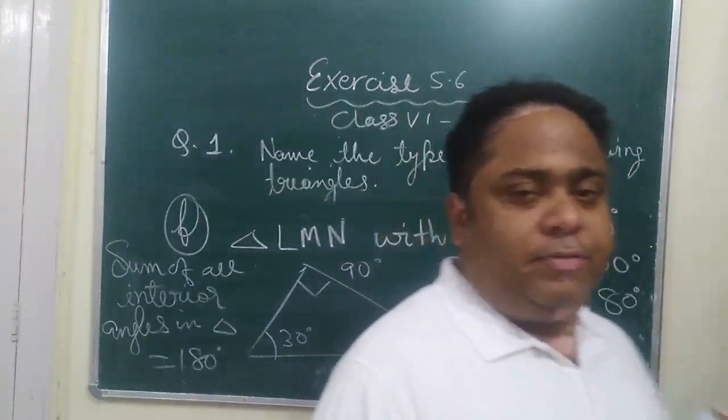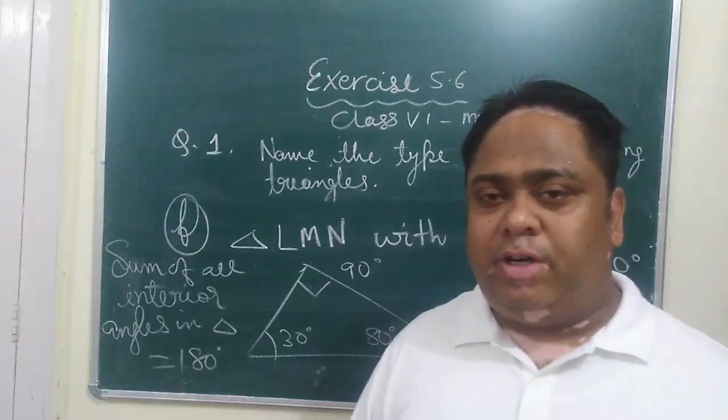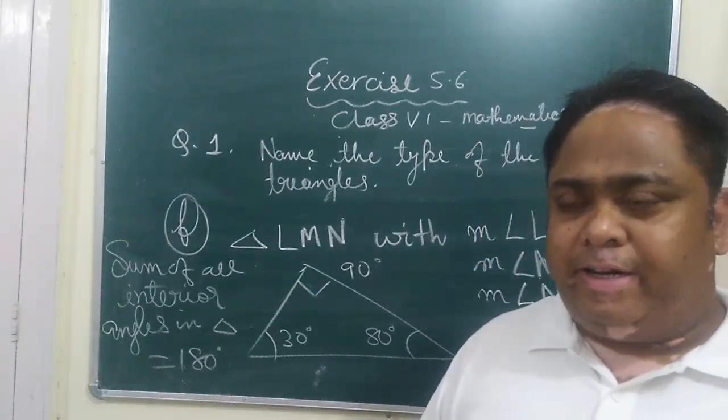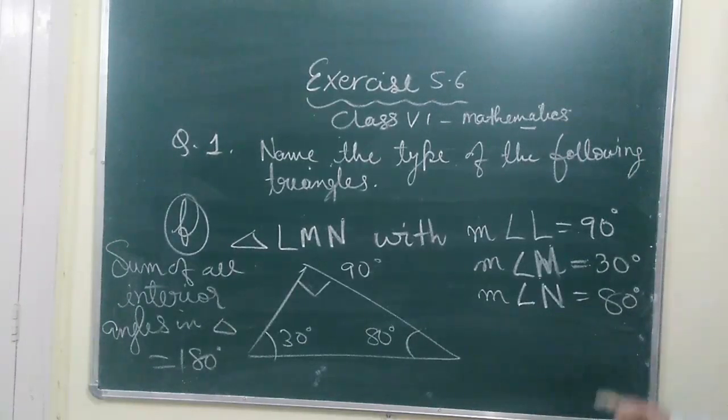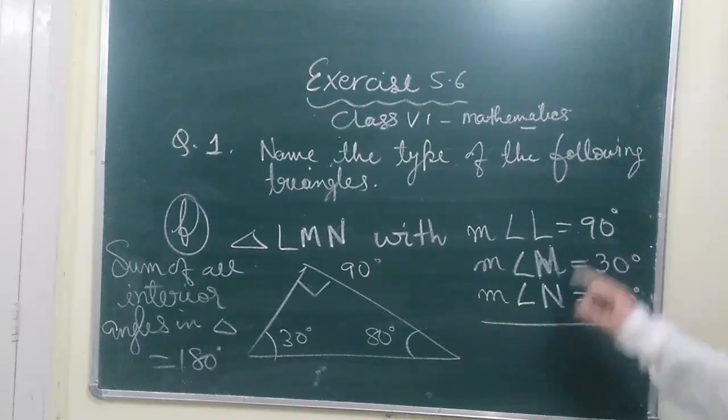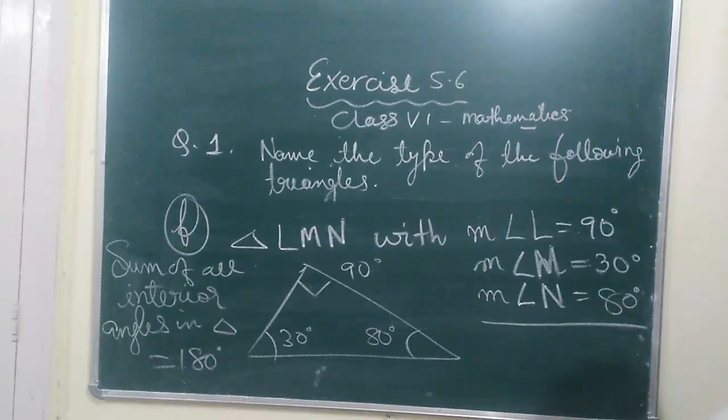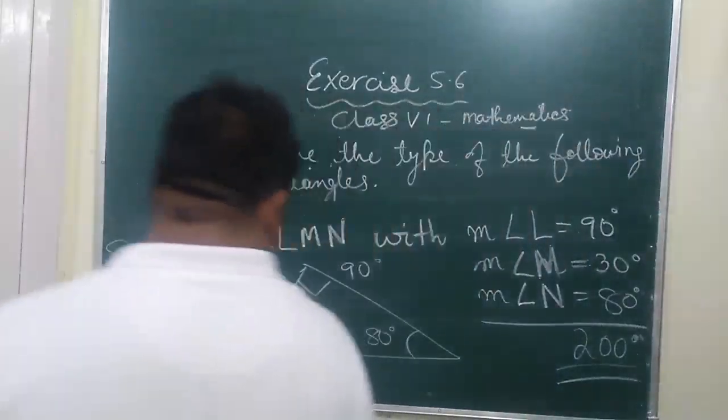If you take any triangle and add all the three angles of the three vertices, it should be equal to 180 degree. But here you will see that it is becoming more than 180 degree. If you add all these three, 8 plus 3 is 11, 11 plus 9 will be 20. So this is 200 degree, which is not possible. This triangle is not possible.